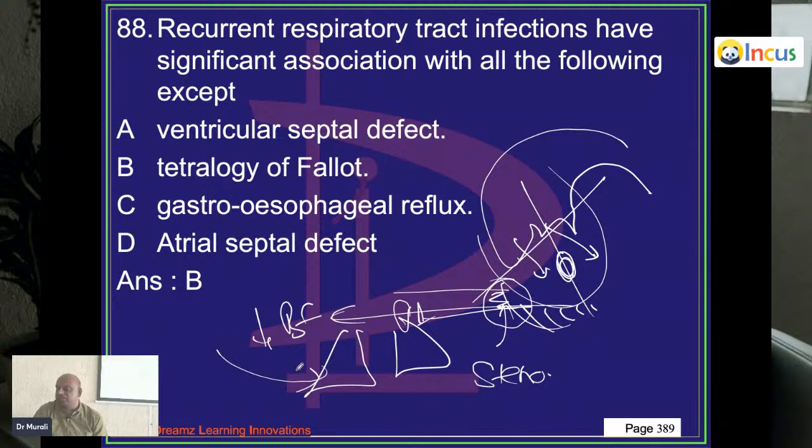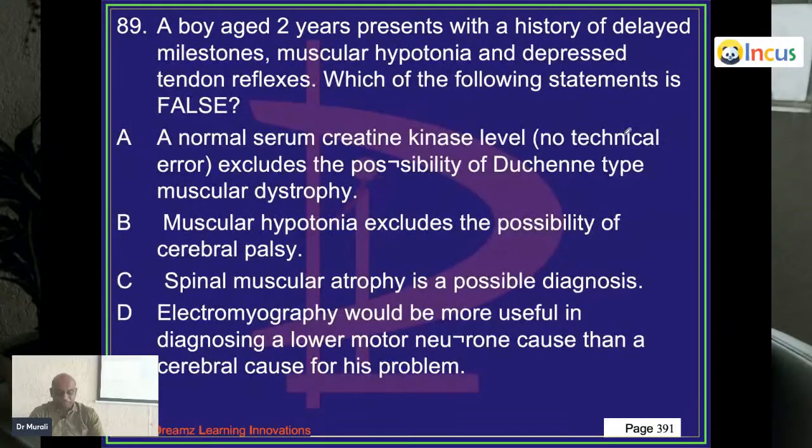Anything that decreases blood flow or increases blood flow will cause infections. Pneumonia is more common if the pulmonary blood flow is increased, like in ASD or VSD, not in tetralogy of Fallot, where it is in fact decreased, is what you have to remember.